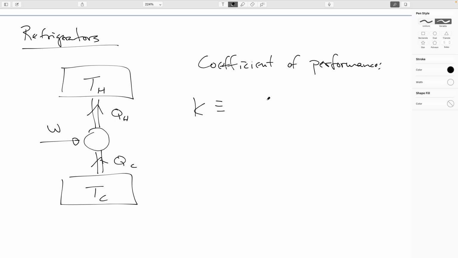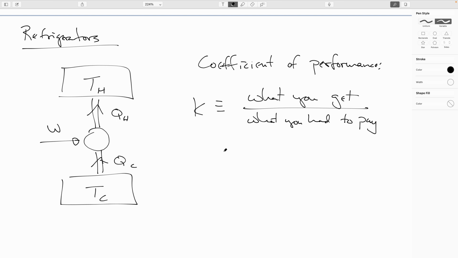And again, following our idea of what you get over what you had to pay, here, what you get is the heat being extracted from the cold reservoir. If this is your actual refrigerator in your house, this is the heat being extracted from your leftover sandwich in order to help keep it chilled down.